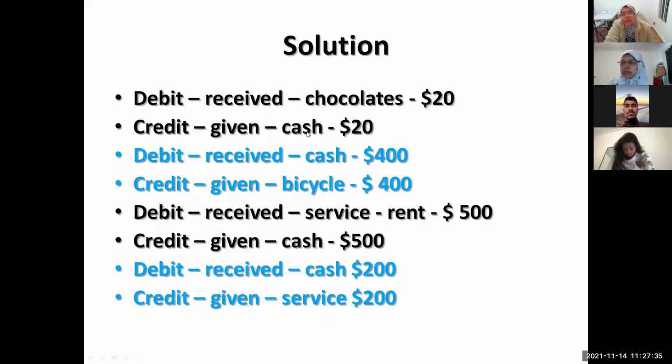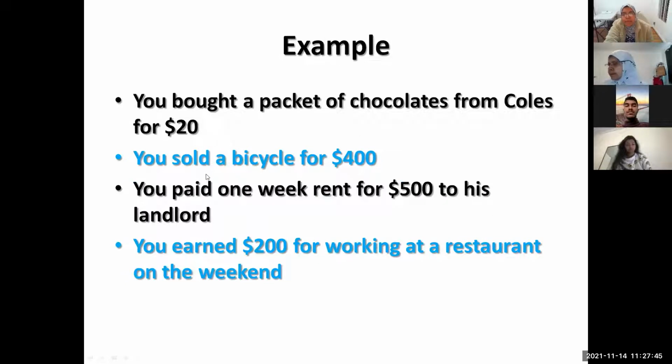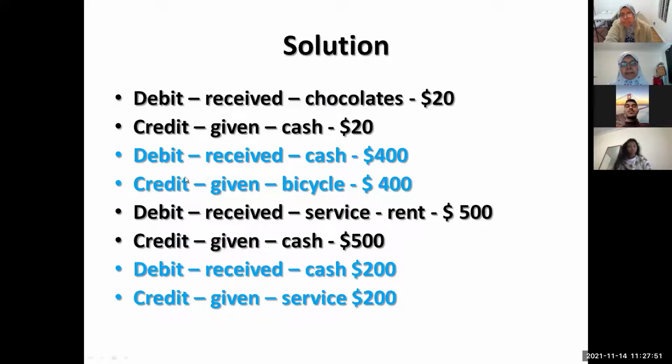So cash is credited, also for $20. Each transaction will have the same value as debit and credit. Then the next example is you sold a bicycle for $400. In this transaction, we are giving the bicycle and receiving the cash. So the cash account is debited for $400 and the bicycle account is credited for $400.